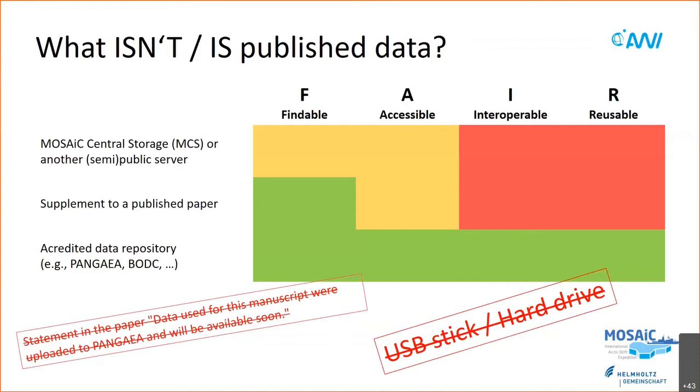Also, a supplement to a published paper cannot be considered published data because it is not interoperable and reusable, although it can be easily found. So basically, published data are data published with accredited data repositories, like those associated with the MOSAIC project: Pangaea, BODC, Arctic Data Center, ARM. And in these repositories, we can actually guarantee that these data are findable, accessible, interoperable, and reusable.